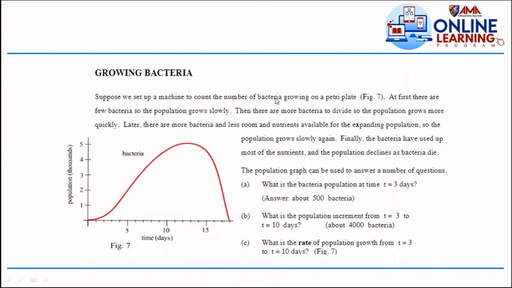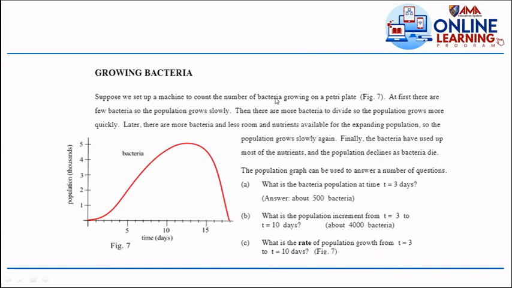Sabi dito, suppose we set up a machine. So we have a growing bacteria, no? Suppose we set up a machine to count the number of bacteria growing on a Petri plate. Okay? At first, there are few bacteria, so the population grows slowly. Then there are more bacteria to divide, so the population grows more quickly.